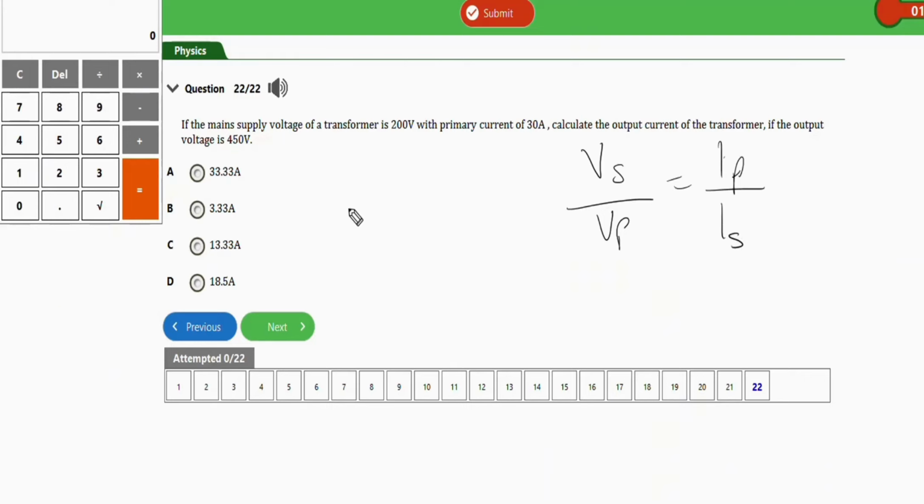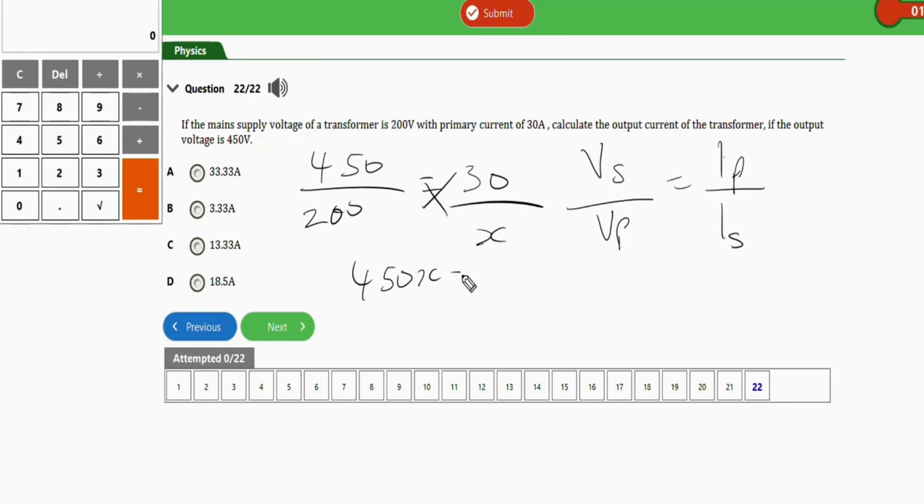Okay, so from this question, our secondary voltage is 150, our primary voltage is 200, equals the primary current, 30, over the secondary current, which we are looking for. So when we cross multiply, we're going to have 150x equals 200 times 30.